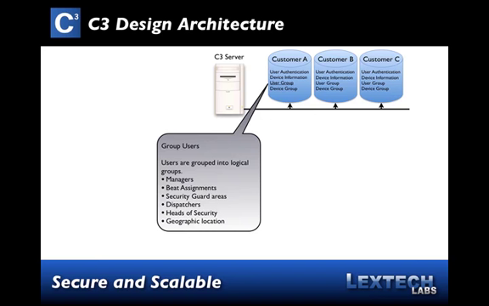User groups. We have the ability within our system to group users together based on what would be interesting for them to view. You can create user groups based on maybe the managers in your organization, the assignments of local law enforcement in terms of the beats that a city is divided into, maybe different areas that security guards are assigned to, dispatchers, maybe the heads of security, or different geographic locations where users might be located in.